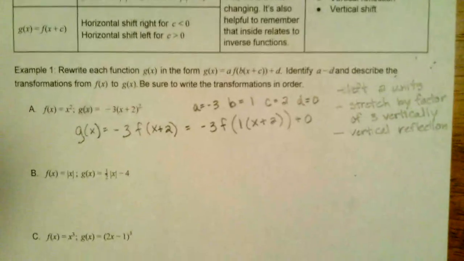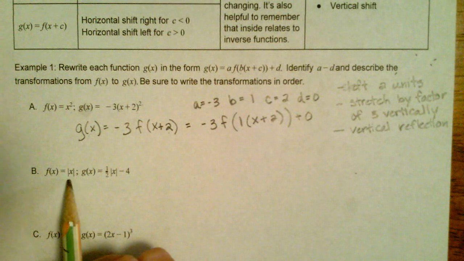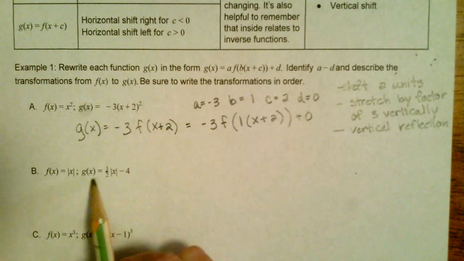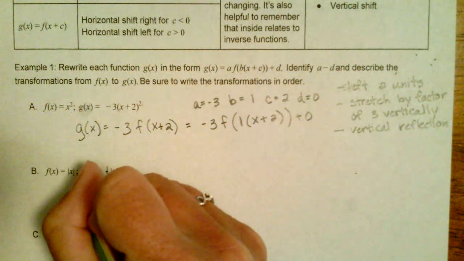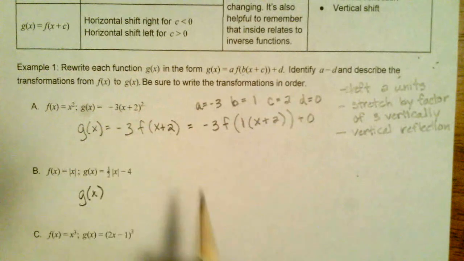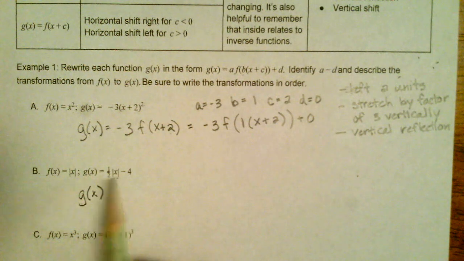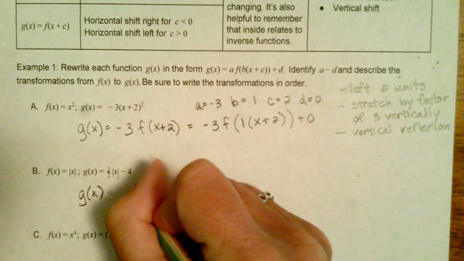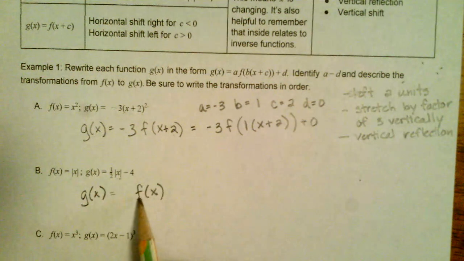Okay, let's look at B. This time I have an absolute value function as my parent function. So I want to rewrite my g of x. I can see that g of x, nothing is changing in my input. I have absolute value of x here and absolute value of x here. So where I see the absolute value of x, I can just replace it with f of x.